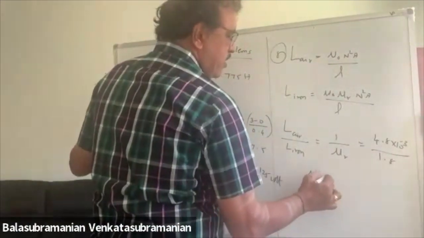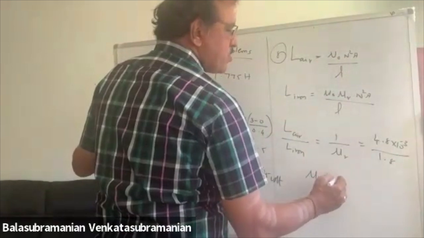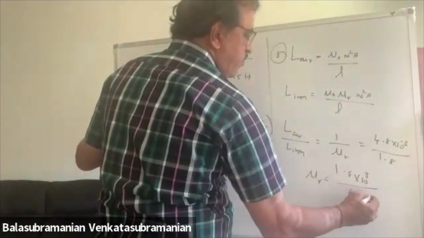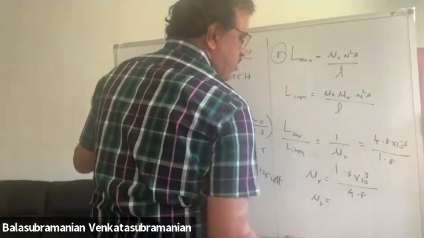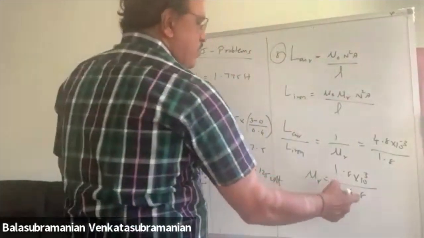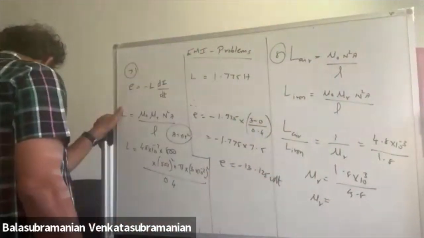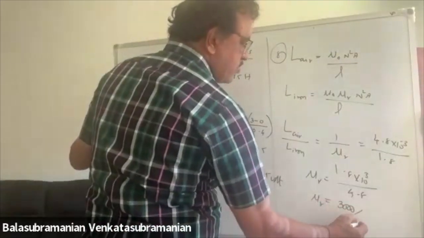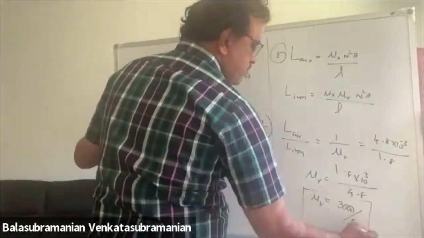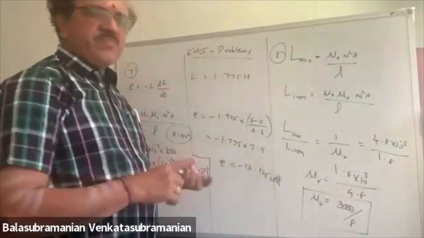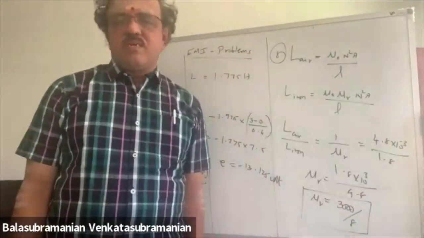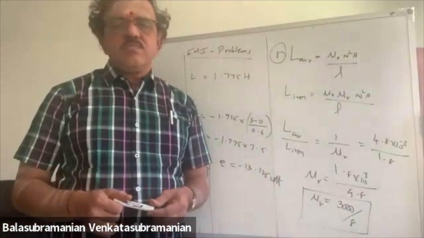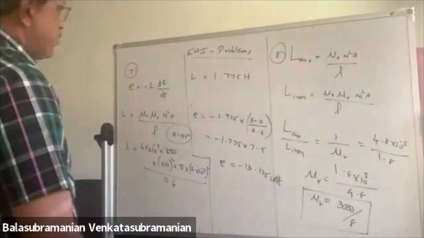So we can write mu r is equal to 1.8 into 10 power 3 by 4.8, that is 1800 by 4.8, which is 3000 by 8. Simplify, no problem. It is a number. Relative permeability is a number, there is no unit. Okay? Fine.